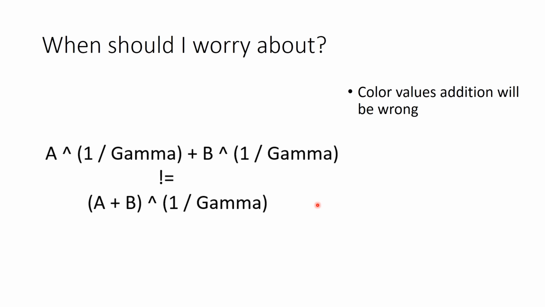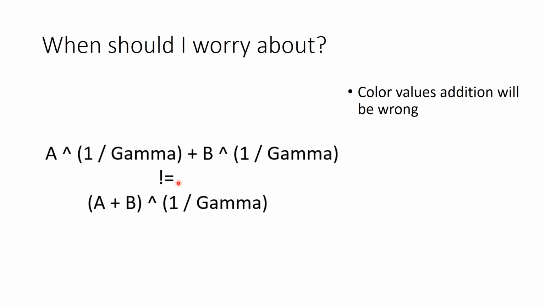So for mathematical reasons, if color values are added and both of these values were gamma corrected, then we can represent it like this: a color raised to inverse gamma plus another color raised to inverse gamma.